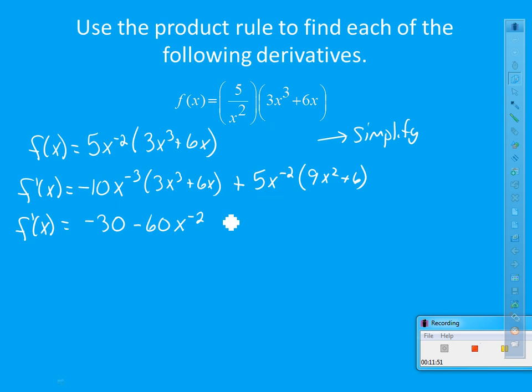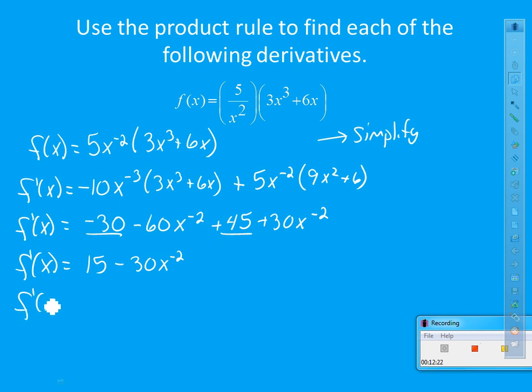Let me come over here. That becomes 45x to the 0 plus 30x to the negative second. When I do some more algebra and simplify this, I've got negative 30 and 45, must be getting late. Negative 30 and 45 make 15. Negative 60 and 30 make negative 30x to the negative second.